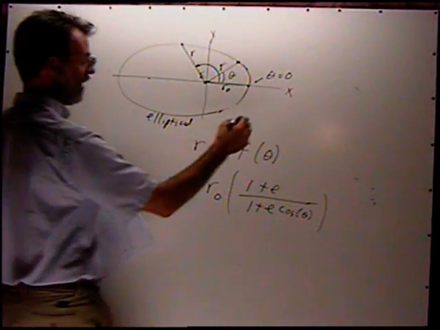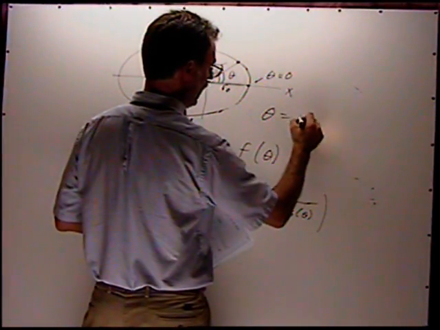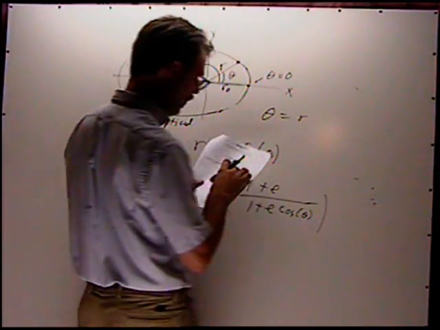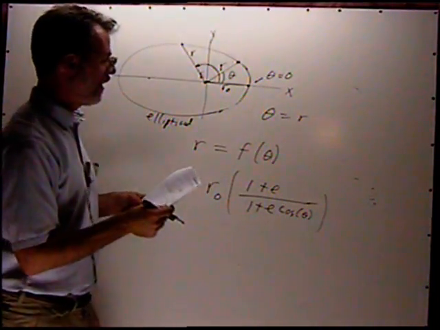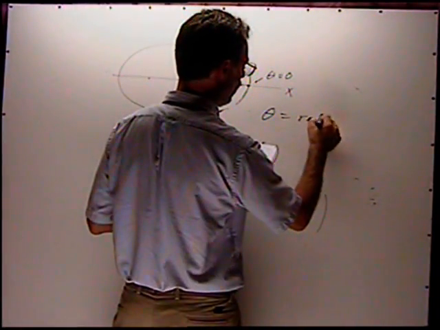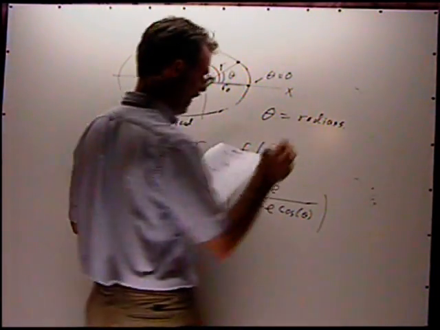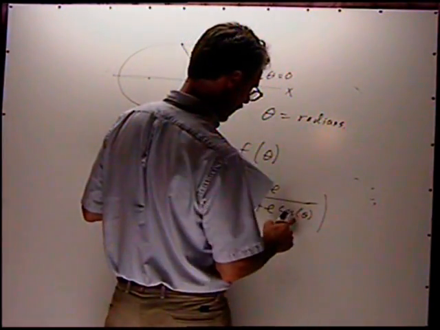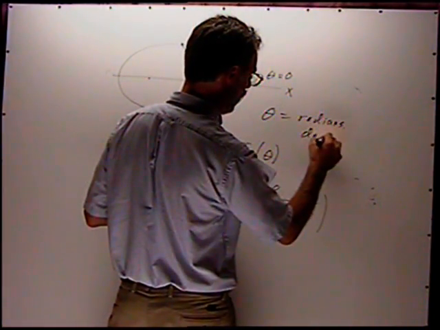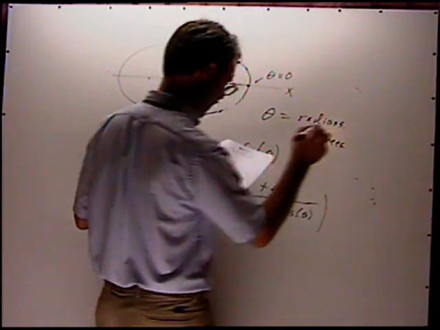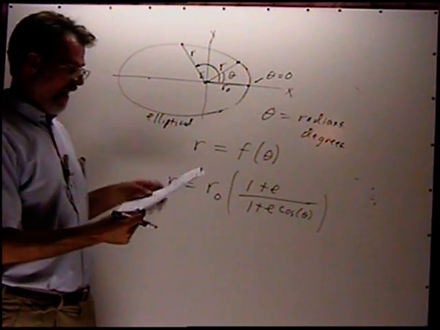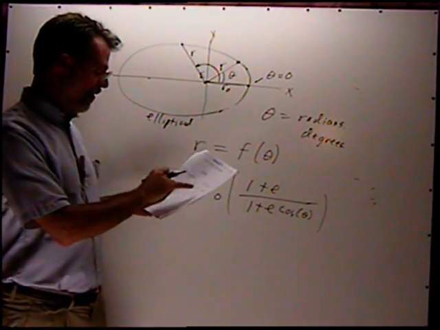By the way, theta can be in degrees or radians, but typically we think of it in radians. But because we have the cosine of the angle, we could also use this in degrees. And e is called the eccentricity. We're not going to go over this now, but you can read about it.